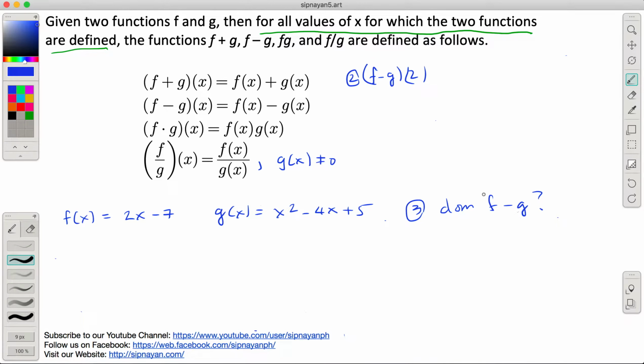Yung sum function natin. So, sabi natin, the domain is actually the intersection of the two domains. Gagamitin natin yung concept na yan to find the domain of the remaining examples in the remaining tutorial videos.